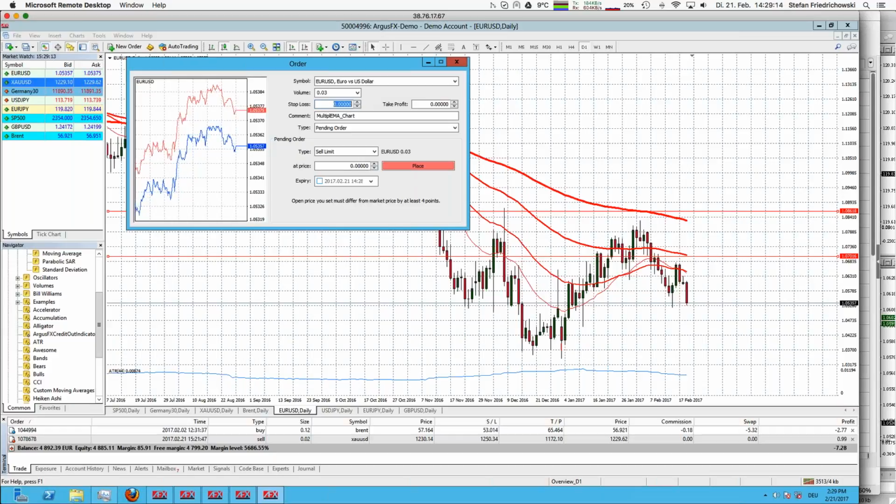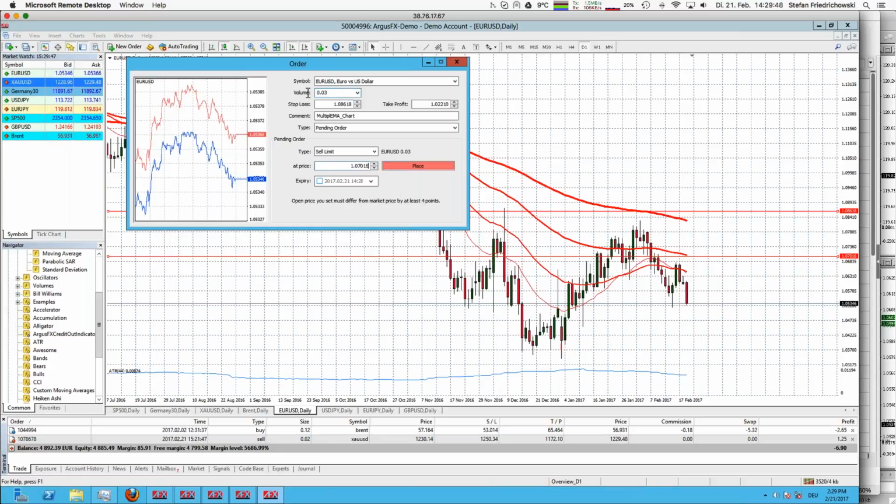So stop loss is set to 1.08618 and take profit is set to 1.0221, and the entrance price, so the activation level for the trade, is 1.07016, and that's a complete order.